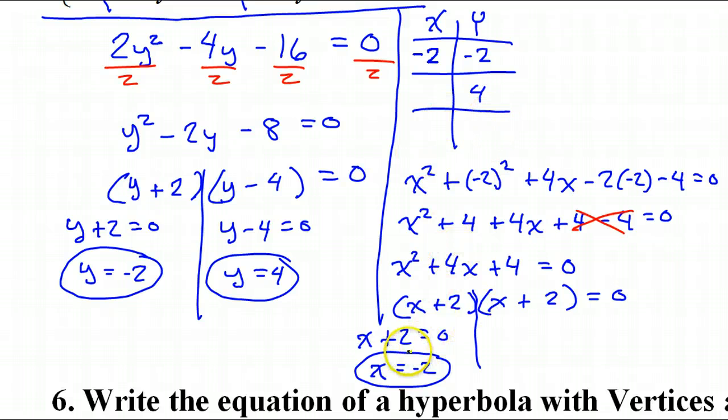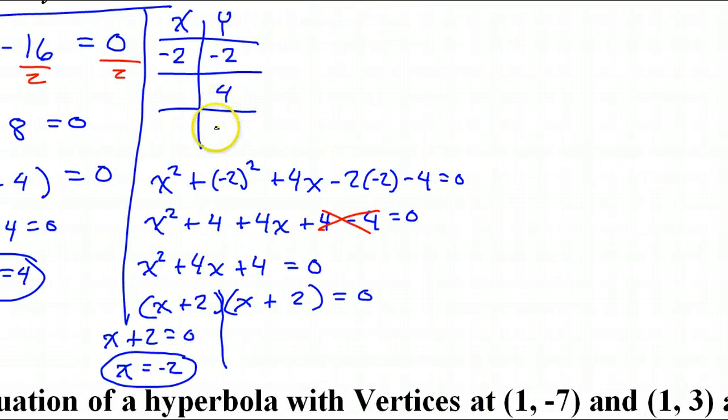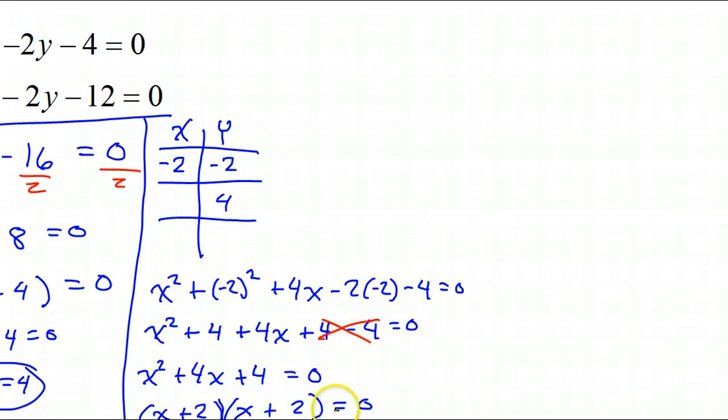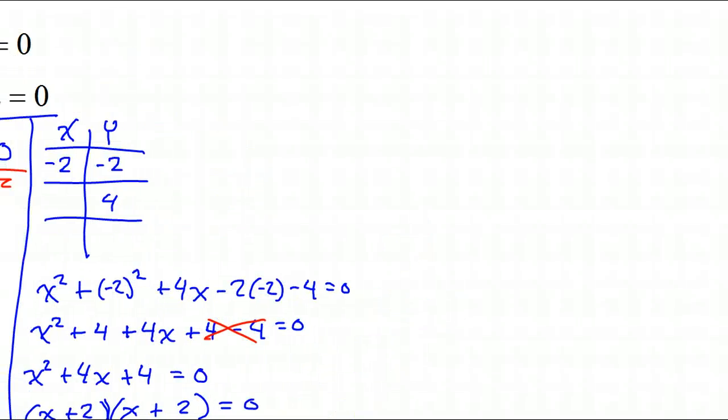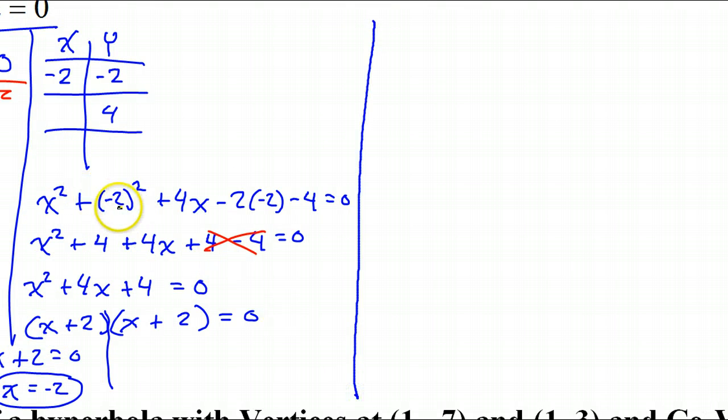We need to do the same thing with the y value of 4 and see what happens there. So I'm just going to do the same thing again, leaving myself plenty of space. Instead of -2, I'm going to put a 4.